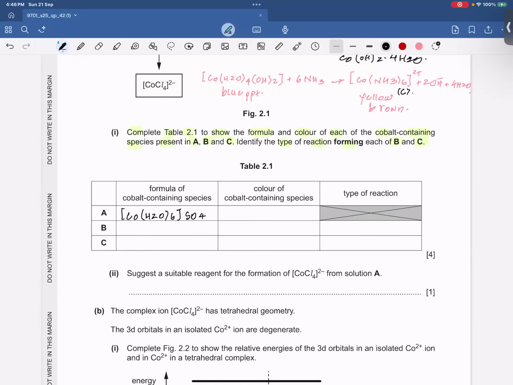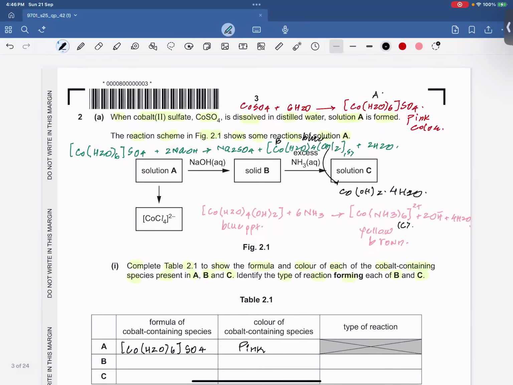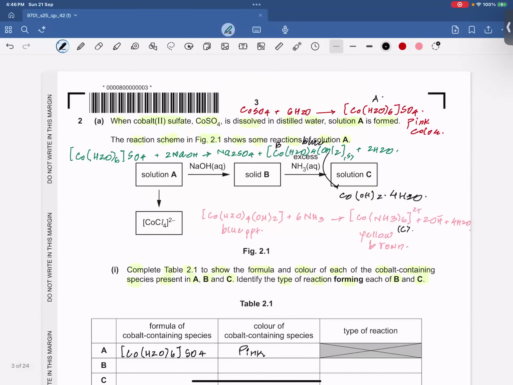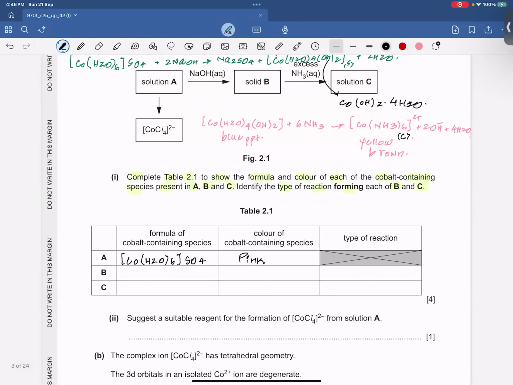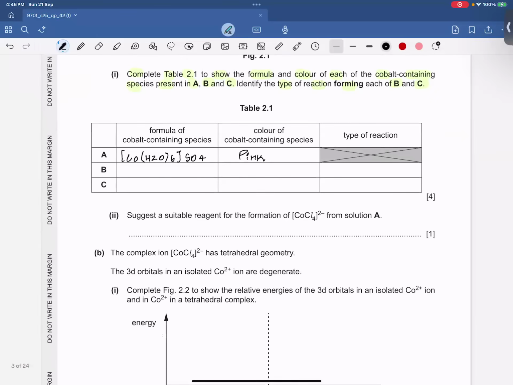Color is going to be pink. And the type of reaction is basically, we are dissolving the compound actually. So it's standard enthalpy change of solution, you could say.